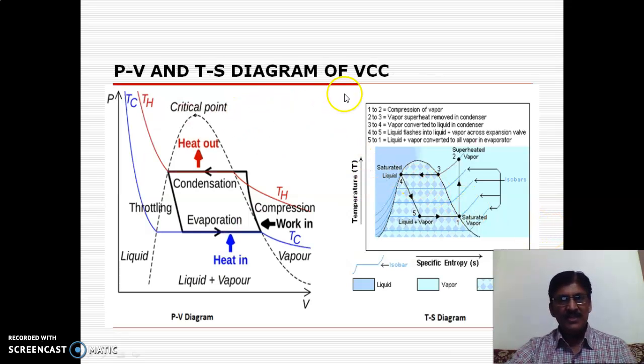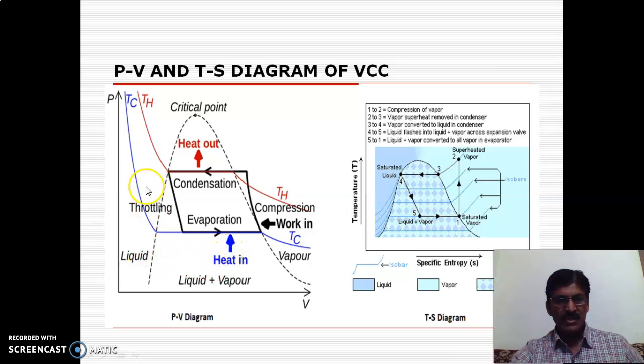the PV and TS diagram of the vapor compression cycle, in that PV diagram you can see that these 4 processes are there. That is the compressor, so work in, that is compressor work, then heat out into the condenser, that is condensation, throttling, and then evaporation, that is heat in the evaporator. Okay.